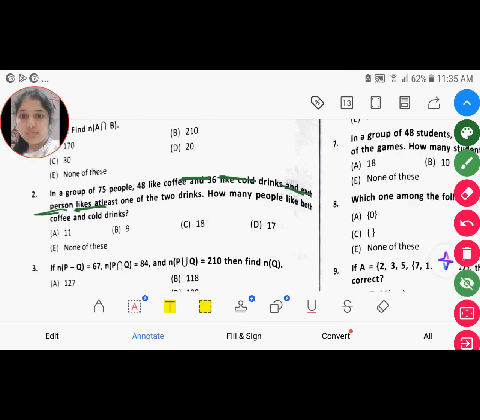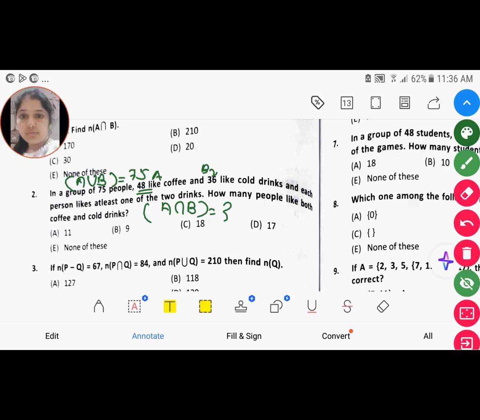Now again A union B is given to you, which is 75, because there is nobody who doesn't like either coffee or cold drink. So A union B is equal to 75, A is equal to 48 and B is equal to 36. Now you have to find the A intersection B's value.